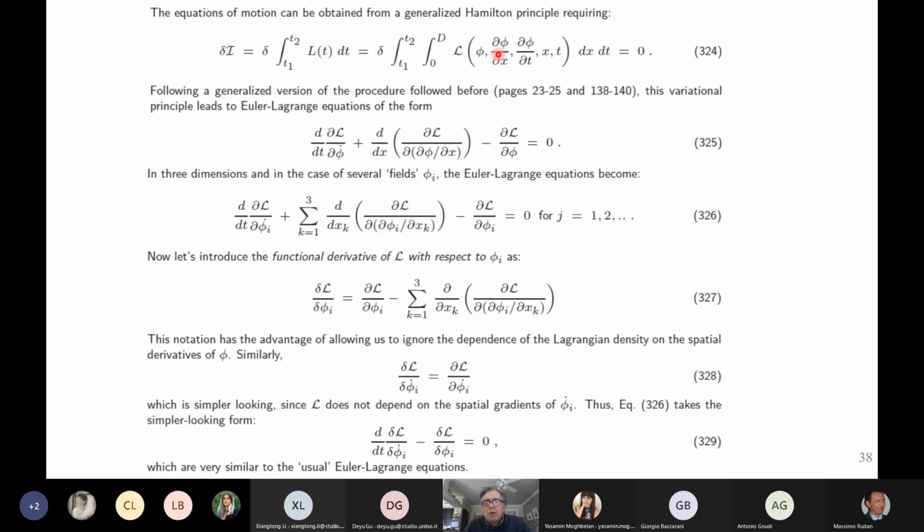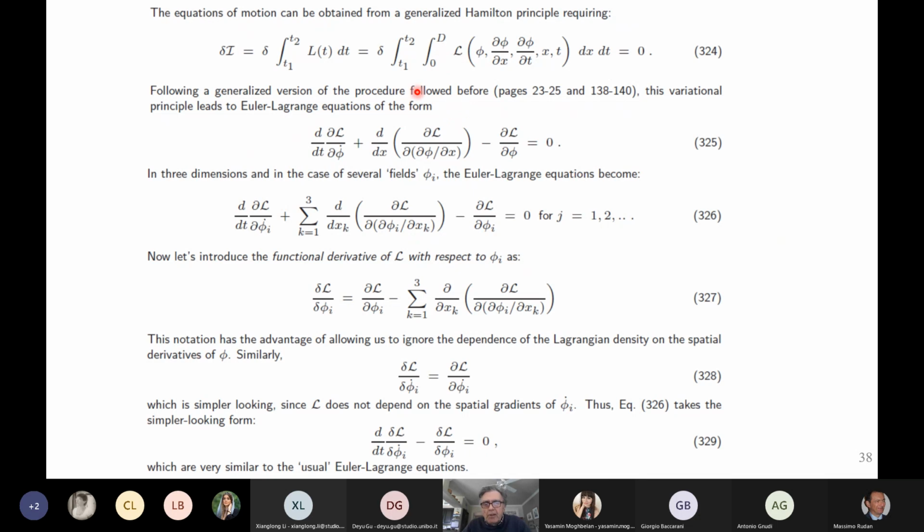Then I have to find out what is the set of differential equations that the field phi, the displacement of the violin string, has to obey in order to satisfy this Lagrange variational principle, to make this Lagrangian density an extreme point of these integrals. I can follow exactly the same derivation that I did before.